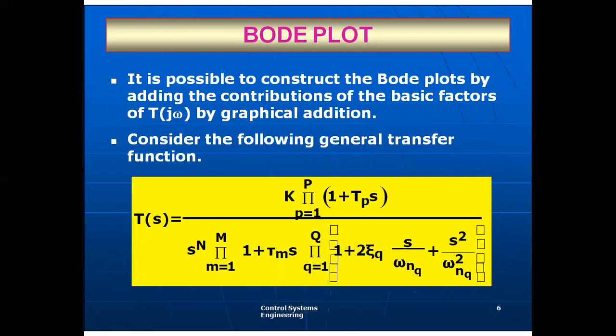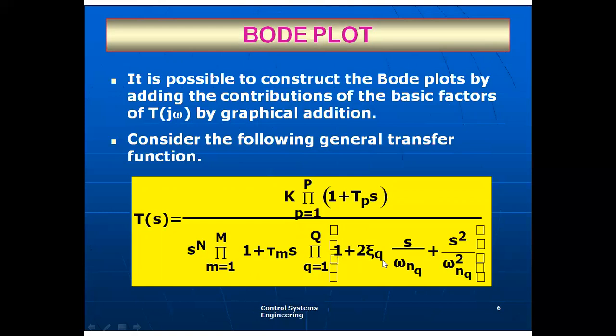So if you are given the basic factors of T of j omega, where T of j omega is the open loop transfer function, let us consider a generalized transfer function in time constant form. T of s is equal to K times the product of 1 plus Tp s in the numerator, divided by s power n into the product of 1 plus Tm s, times quadratic factors.